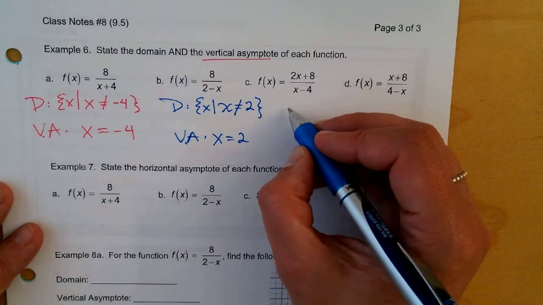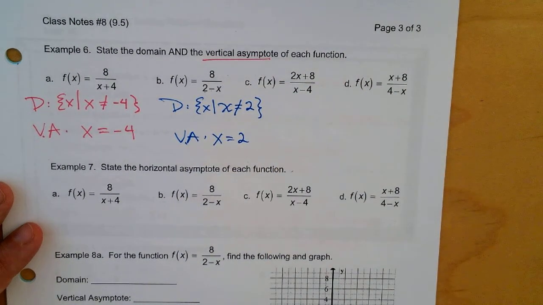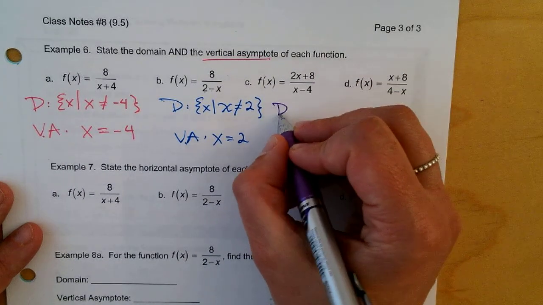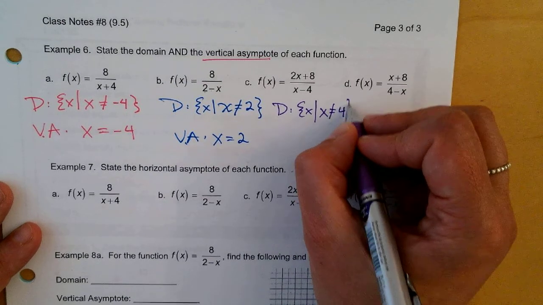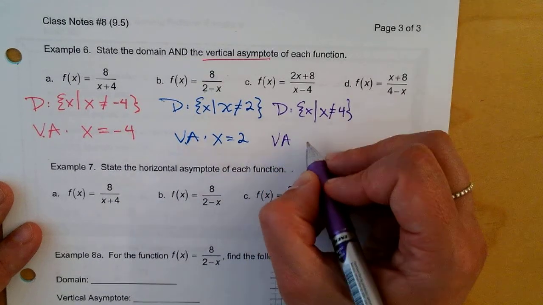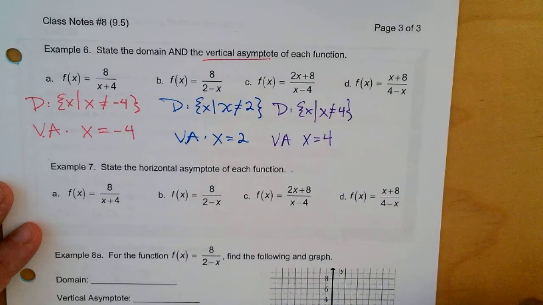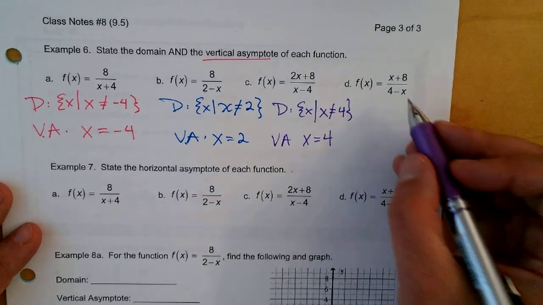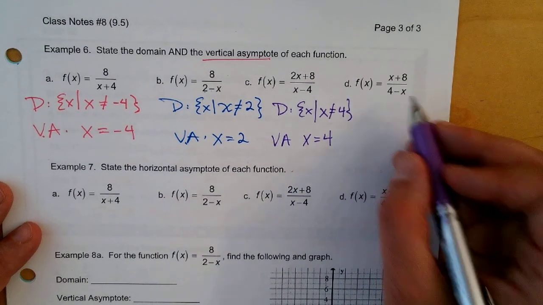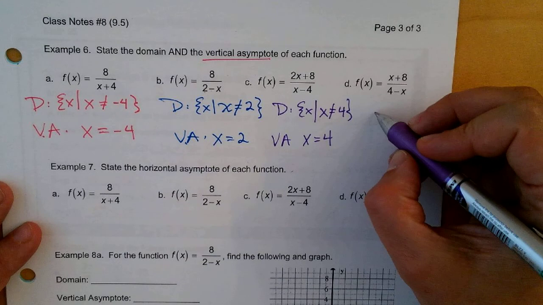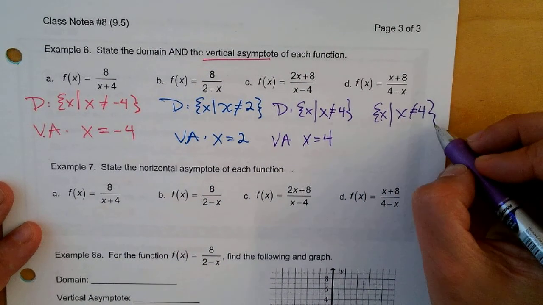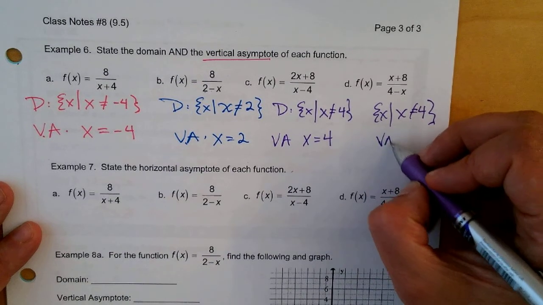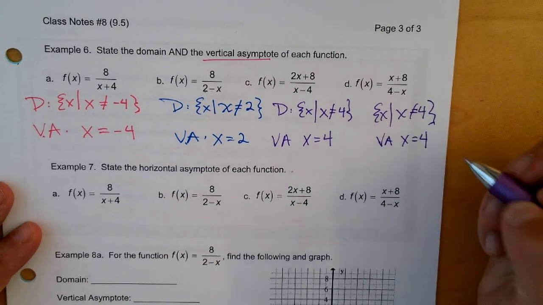What's the domain for the next one? x such that x cannot equal 4. So what's the vertical asymptote? x equals 4. Here, same thing. What would give us 0 in the denominator? x cannot equal 4, and therefore the vertical asymptote is x equals 4.